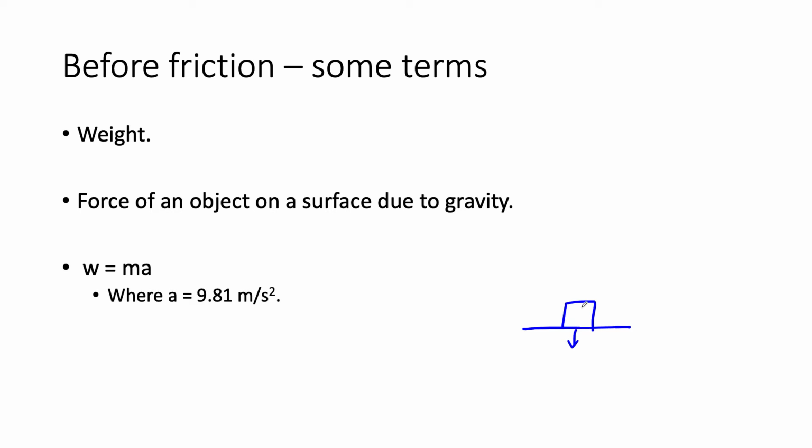This object is exerting so much force onto the surface, and this is what we call weight. Again, we've got a very bad habit of equating weight with mass, even though it's not exactly true.